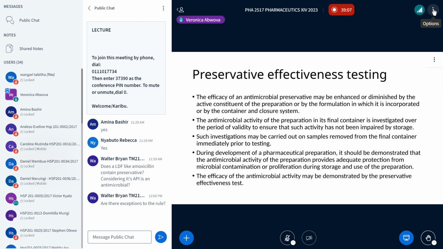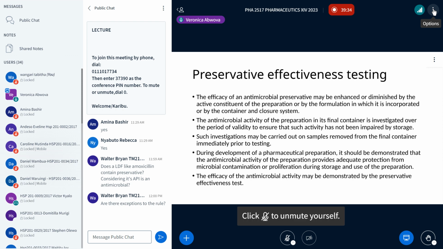So it's important for you to test and see whether the added preservative is effective. Again, it's possible for you to add the right amount of preservative, but you have an emulsion. Instead of the preservative going into the water phase, it goes into the oil phase. What will happen? You will have proliferation of microorganisms in the aqueous phase. So you need to think about that.